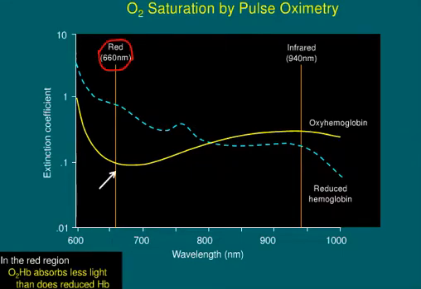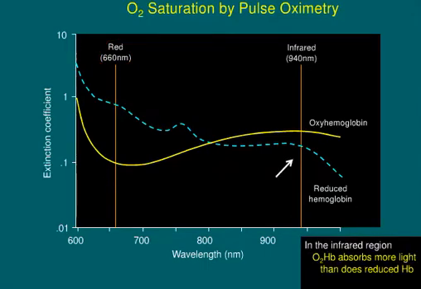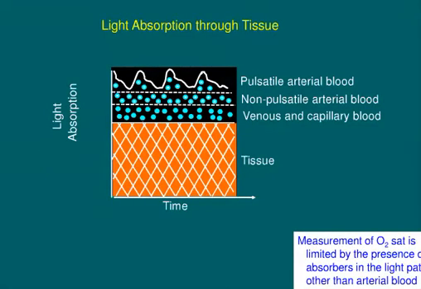In the red region, oxyhemoglobin absorbs less light than does the reduced, whereas the opposite occurs at the infrared region. Now, measuring oxygen saturation non-invasively is limited because there are other things in the path of the light other than the arterial blood, such as the non-pulsatile blood, venous and capillary blood, and tissues.